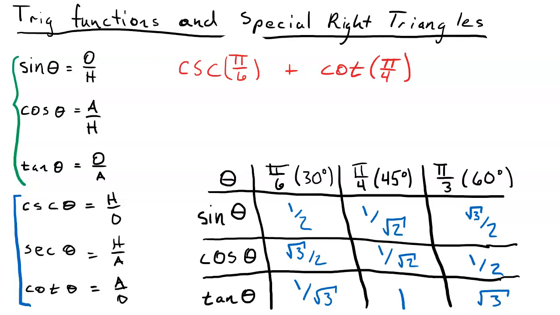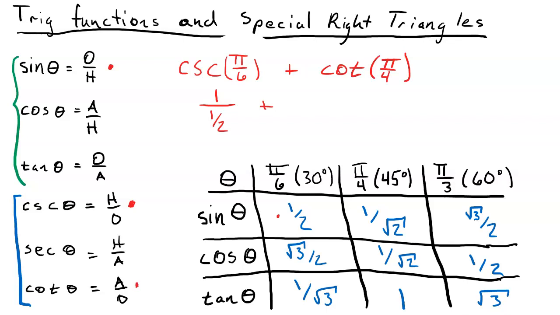So cosecant of pi over 6 is hypotenuse over opposite, which if you look closely is the inverse of sine. So that means that cosecant pi over 6 is going to be 1 over whatever sine of pi over 6 is, and that just happens to be right here. So this is going to be 1 over 1/2, and cotangent of pi over 4 is going to be the inverse of tangent.